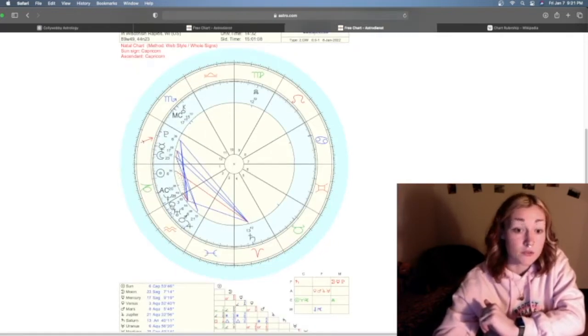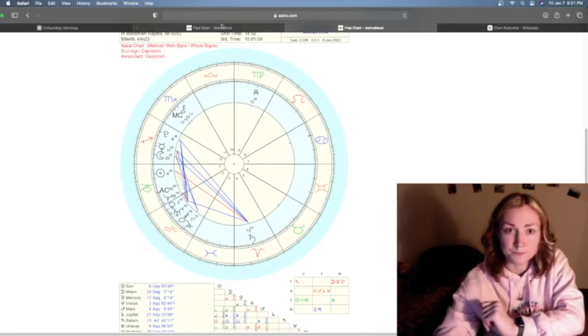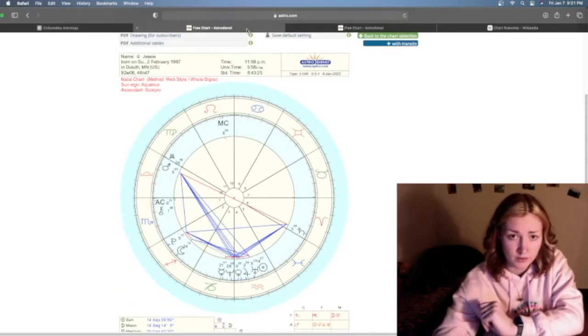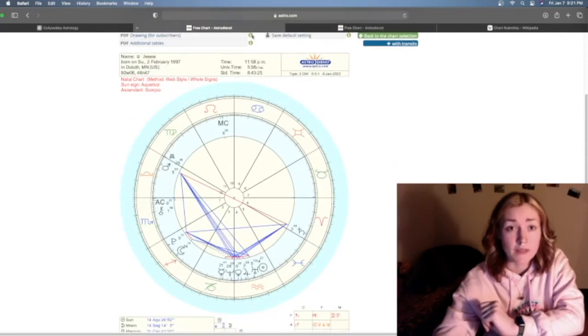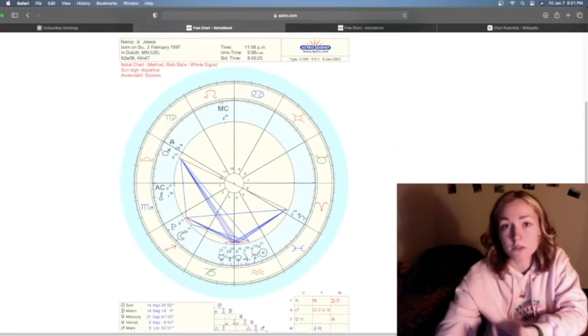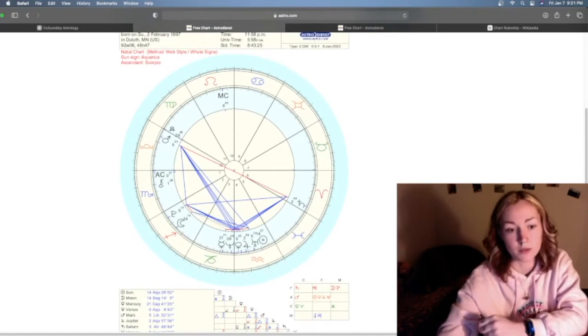And I also have 3 planets within 5 degrees, 3, 6, 8, right? But you'll notice we both have Uranus almost at the exact same degree, regardless of being born like nearly a year apart. And that's because outer planets move a lot slower, right? Basic astronomy, we all know this.